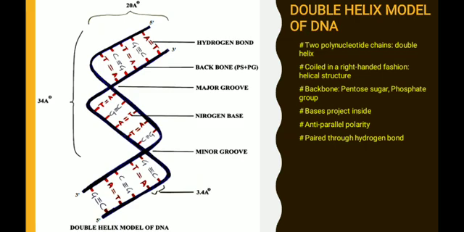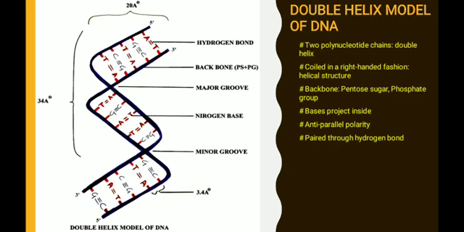And the two strands of DNA are paired together due to the formation of hydrogen bonds. The hydrogen bonds are formed between the purines of one strand and pyrimidines of another strand, or vice versa, meaning pyrimidines of one strand and purines of another strand.